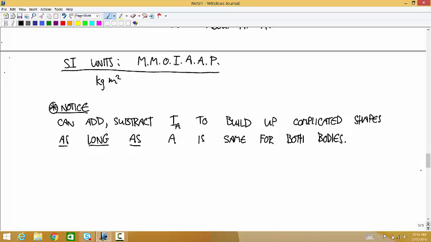Okay, so is this going to cause problems? Because I'm going to give you moments of inertia formulas for a handful of simple shapes.